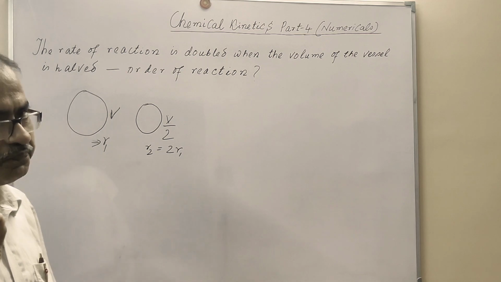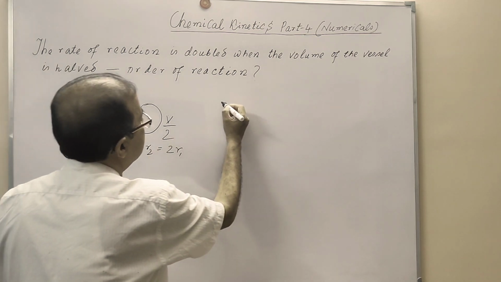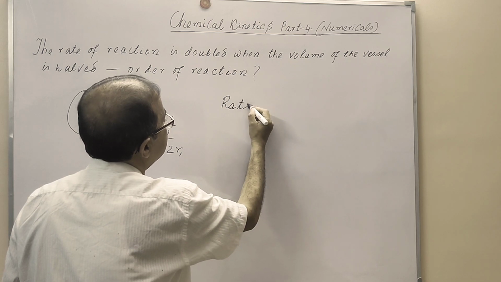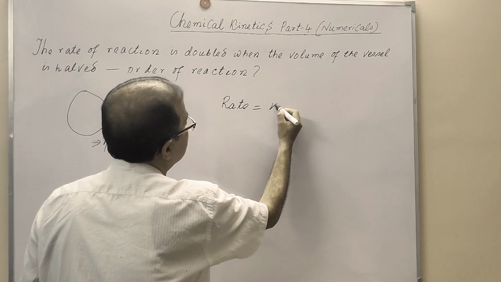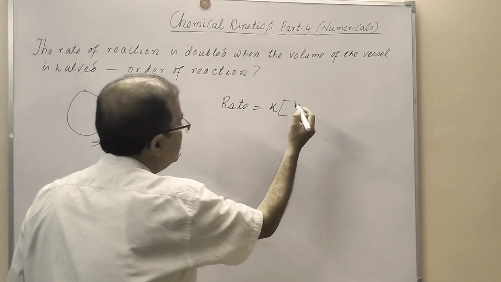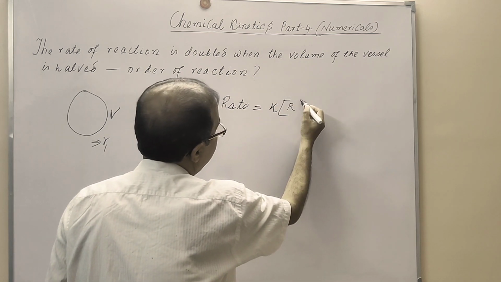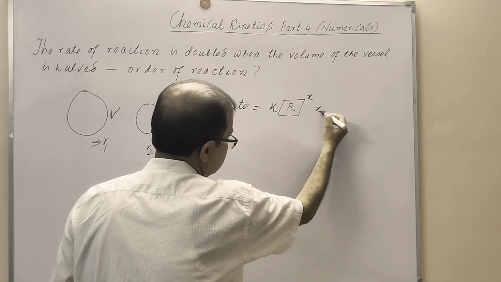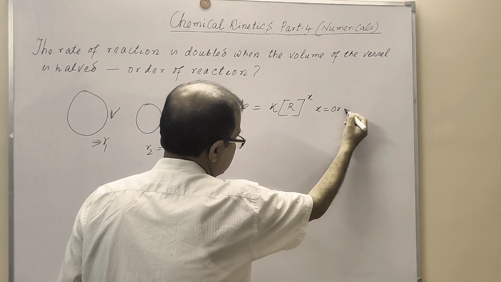We have to first write down the rate law. We know rate is equal to rate constant into the concentration of the reactant to the power of x, where x is the order of the reaction.